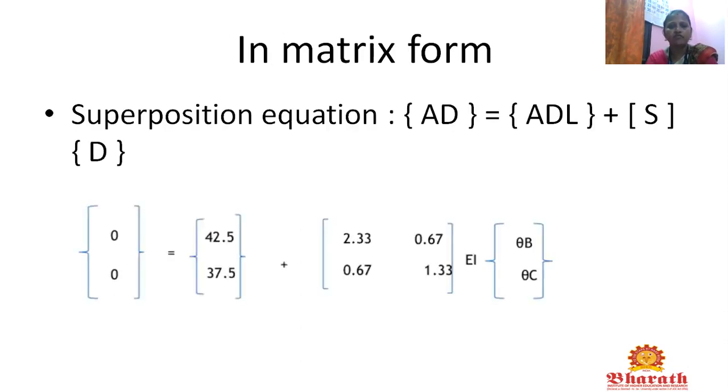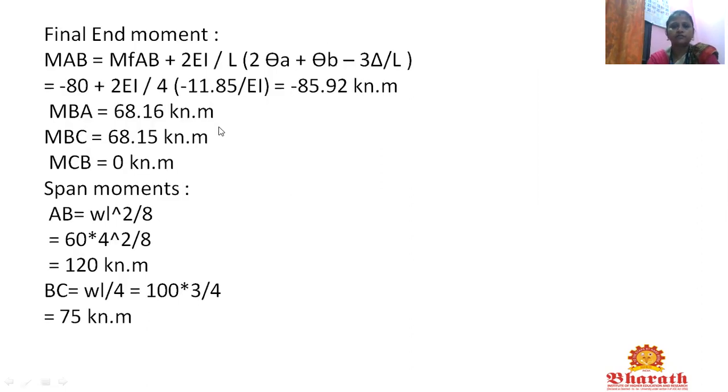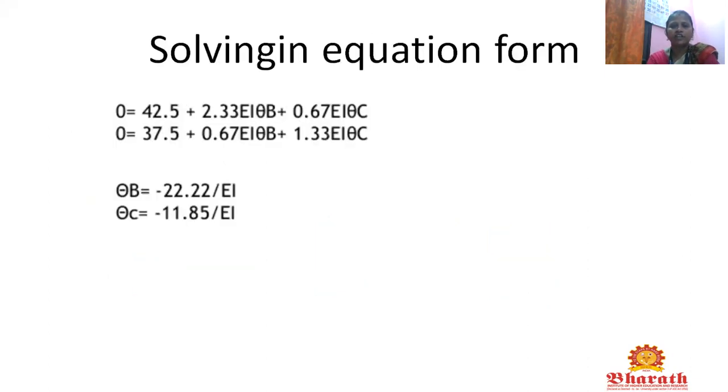In matrix form, we multiply rows into columns: 42.5 plus 2.33 EI theta B plus 0.67 EI theta C.